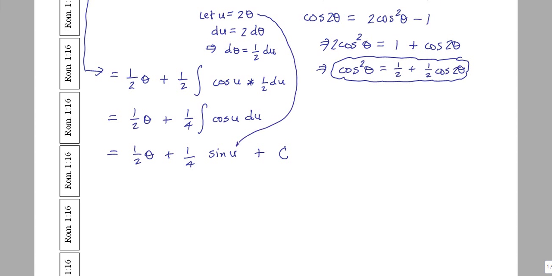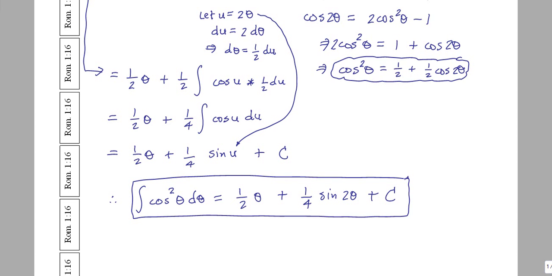So let me sub that back in. So finally, therefore, the integral of cos squared theta d theta is equal to 1/2 theta plus 1/4 sine of the double angle plus some constant of integration.